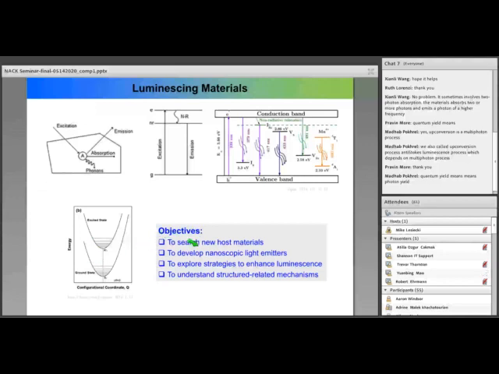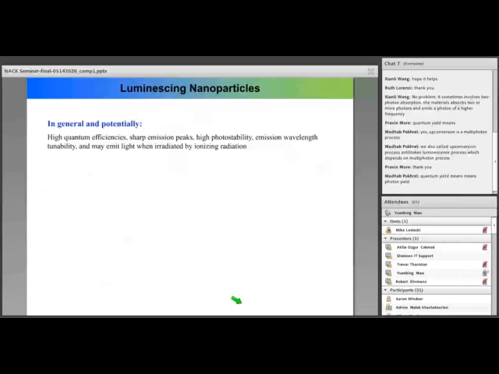So the objectives are to search for new host materials, develop nanomaterials, and enhance luminescence. More importantly, fundamentally, we want to understand the structure-related mechanisms. Those are the few things I want to emphasize.